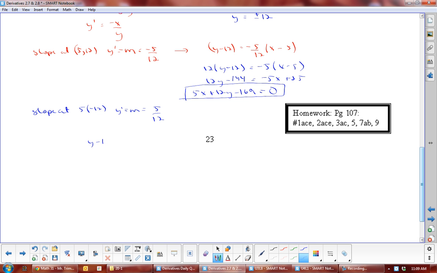So y minus 12 equals 5 twelfths times x minus 5. Multiply everybody by 12. y minus 144 equals 5x minus 25.